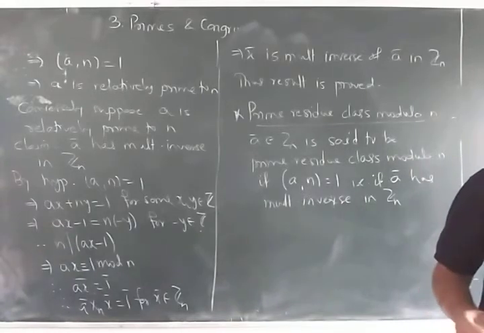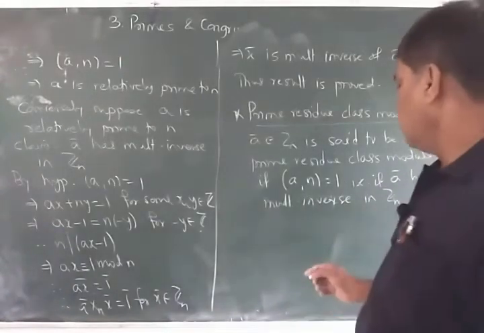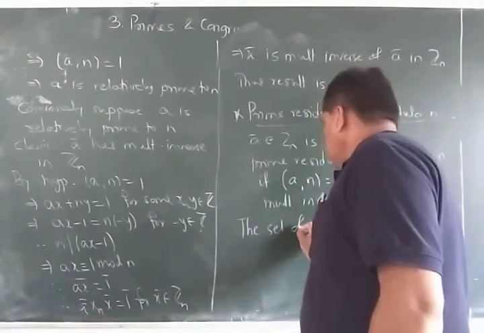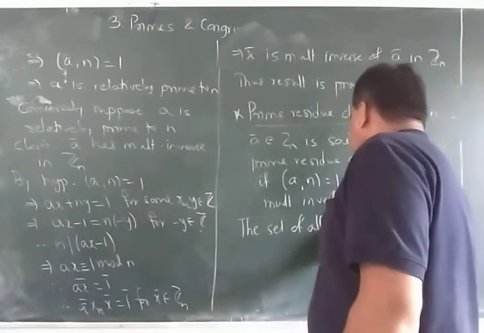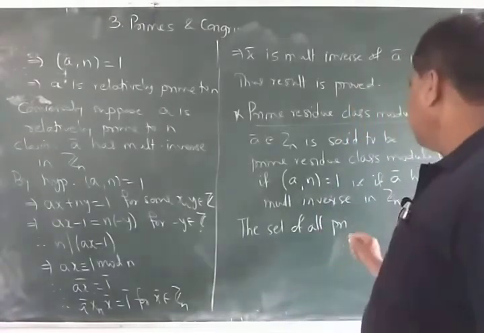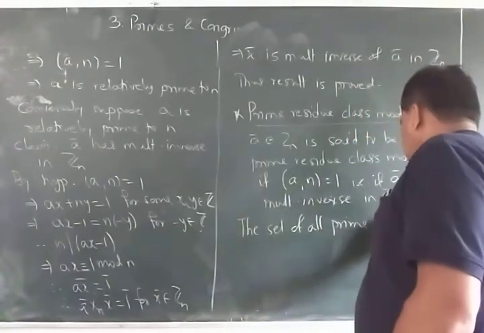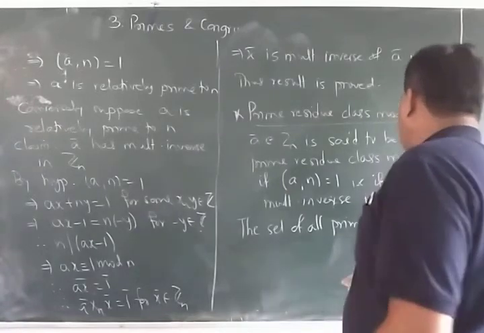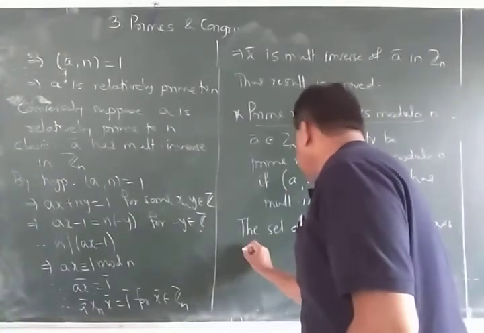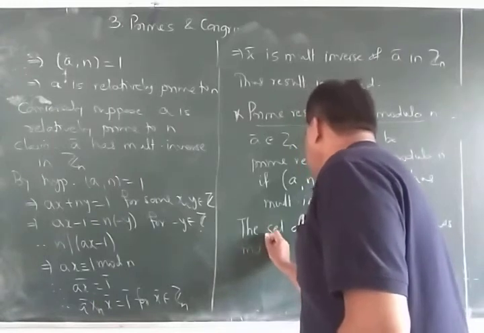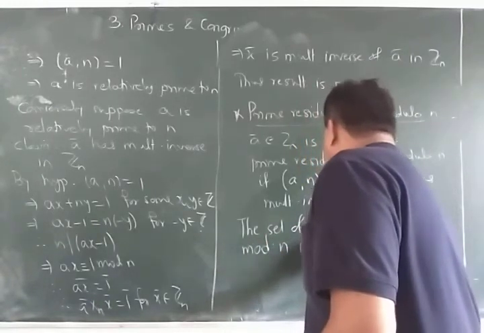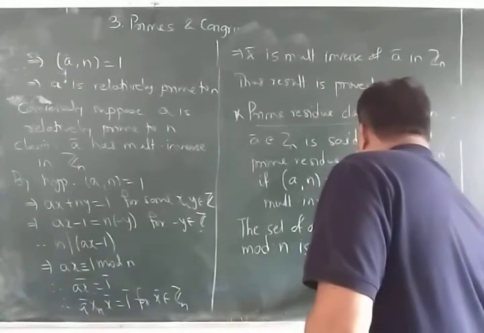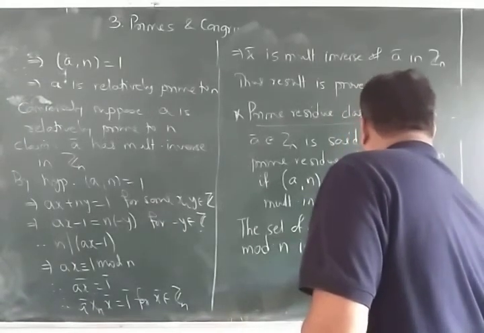The set of all prime residue classes modulo n is denoted by Zn star.